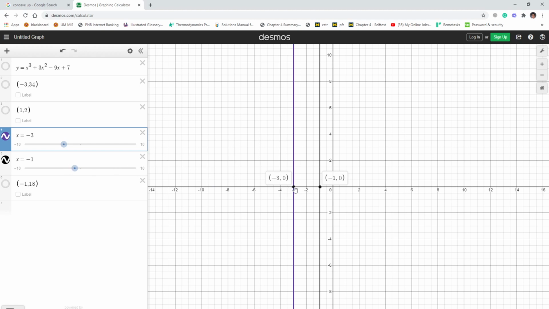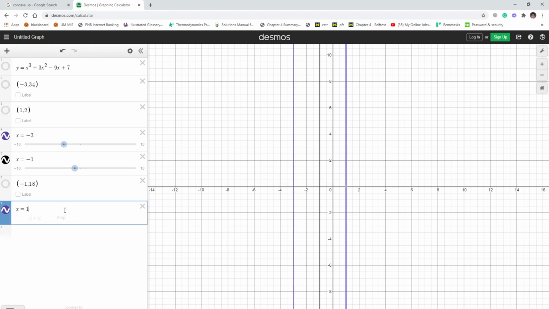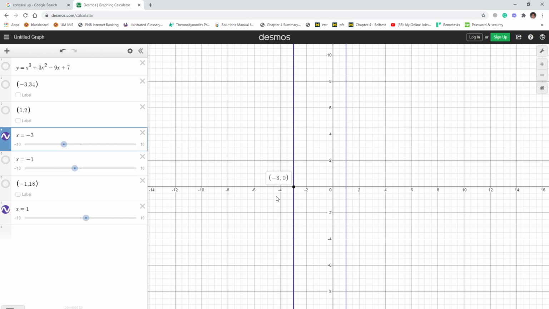Our second interval is from negative 3 to negative 1, and then our third interval is from negative 1 to positive infinity.